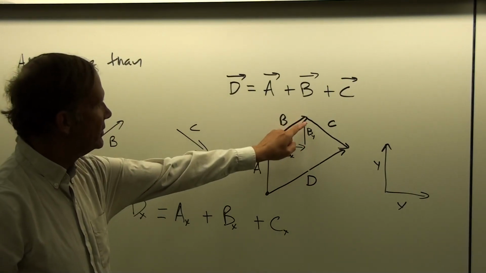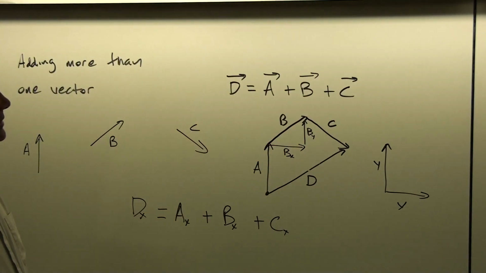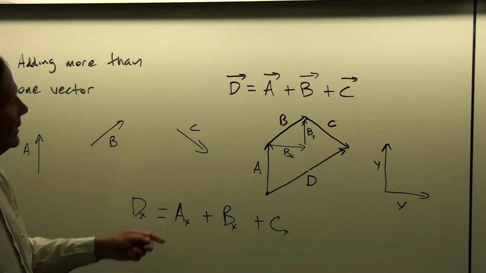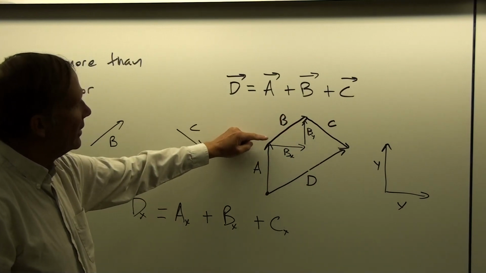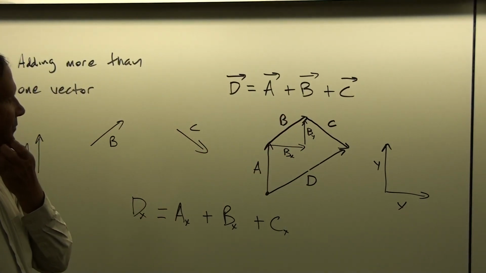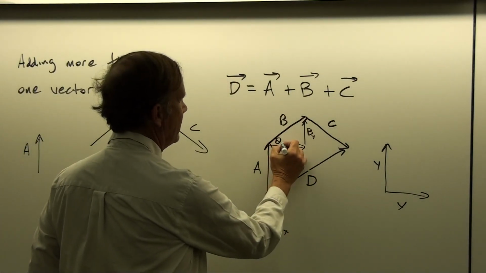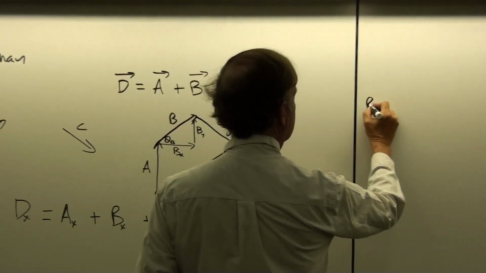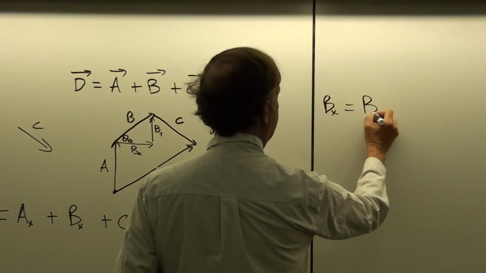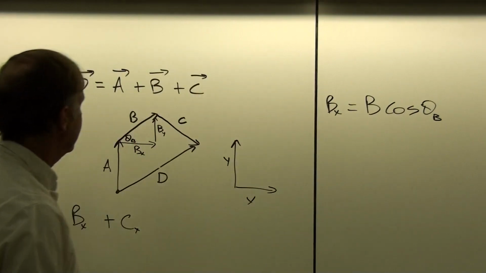The components are the parts of the vector that point in our x and y directions, such that when we add these together, Bx plus By would give us our original vector B. And we could get that if we knew that this was theta B. We could say that Bx is equal to B cosine theta B, like that.